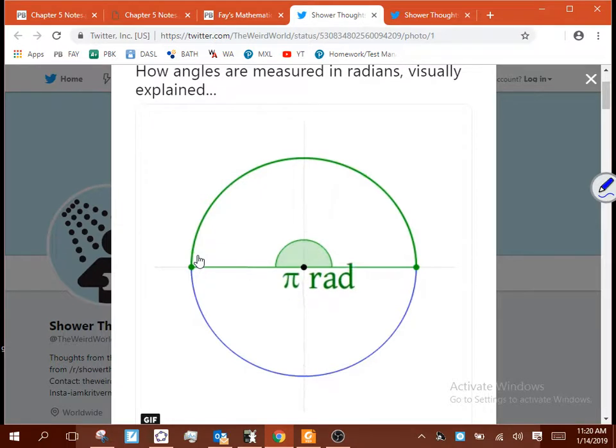And then if I double that, that's pi radians up there, trace it out again down here, it's 2 pi radians. How many degrees is all the way around? 360. So 360 is equal to 2 pi radians. Or, if we're going to use a conversion factor, we like to use the reduced conversion factor. So we say that 180 degrees is equivalent to 1 pi radians.